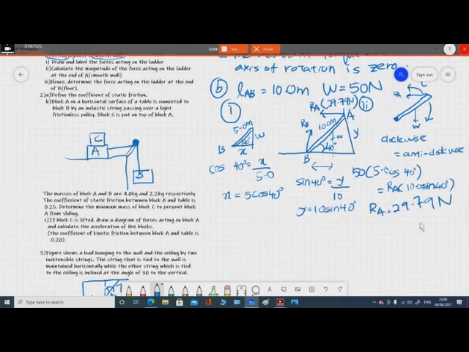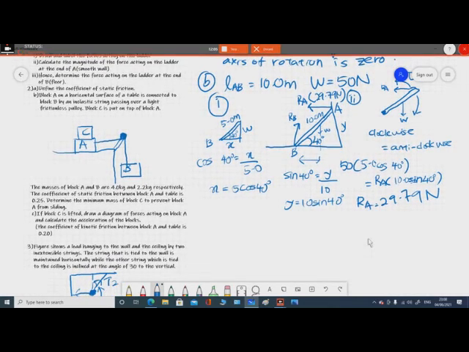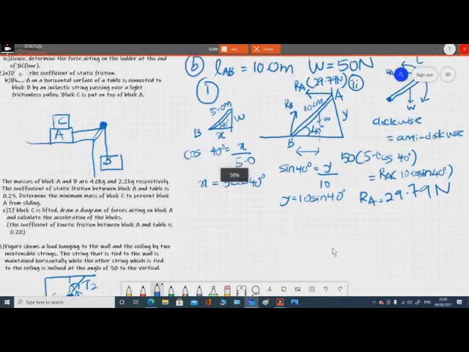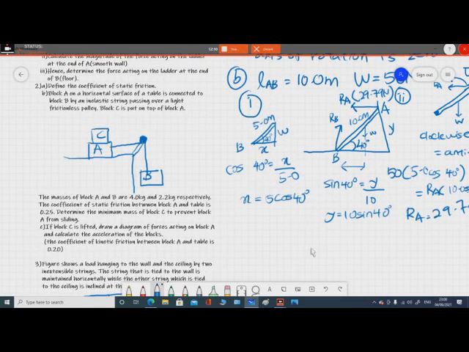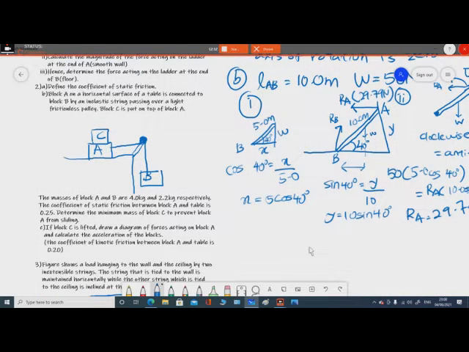Let's move on to part 3. Okay, I hope you can see that. Let me zoom in. Let me erase here, erase this one and this one.